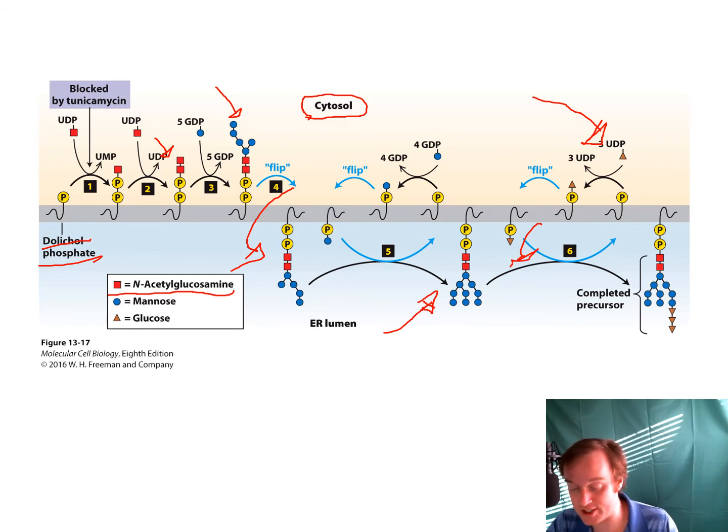So we're importing sugar, in this case glucose, which is then added to the oligosaccharide as well. Mannose is also imported by a similar mechanism and added while on the inside, and we import glucose while on the inside to be added to this growing oligosaccharide chain.